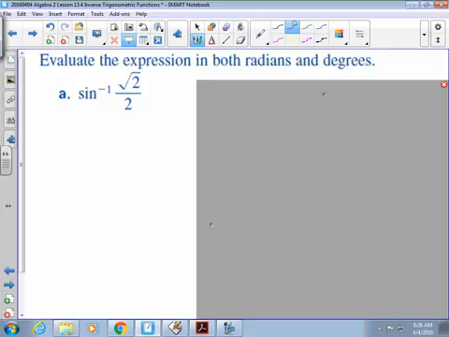Remember, it's talking about sine. SOHCAHTOA. S-O-H. So which value is it talking about? X or Y?